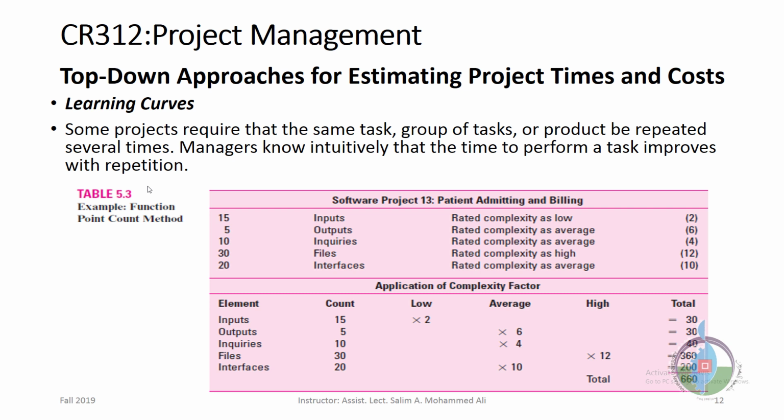Sometimes the same project, if you repeat it, may take less time because they already know where the issues are and they learned from their lessons, so that their learning curve has been lowered. So they can estimate more perfectly than before.